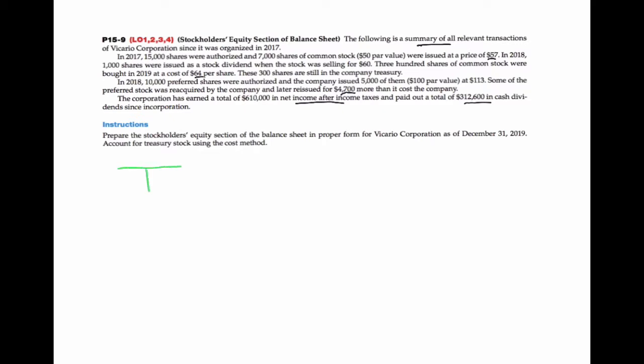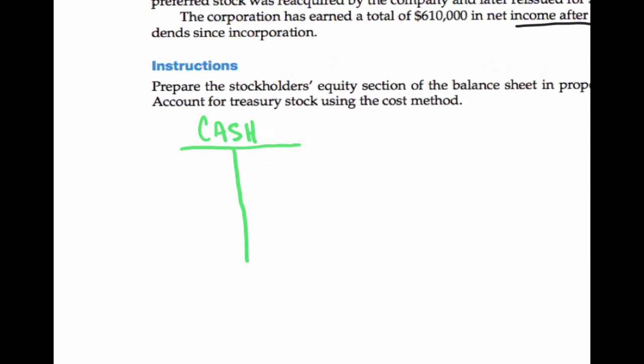So I'm going to create this cash T account, and we have 7,000 shares times 57, and that's going to give us 399,000.